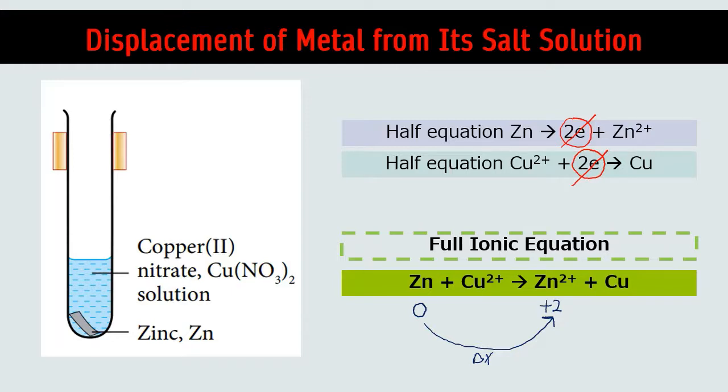While for copper ion, before the reaction, the oxidation number of copper is +2. During the reaction, copper ion receives electrons to form copper atom. It makes the oxidation number of copper decrease from +2 to 0.